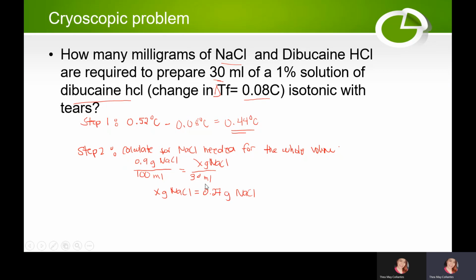Okay, to become isotonic. So now, si 0.27 grams ko, it represents now my whole volume. The 0.27 gram NaCl ko, it represents the whole solution that is isotonic.